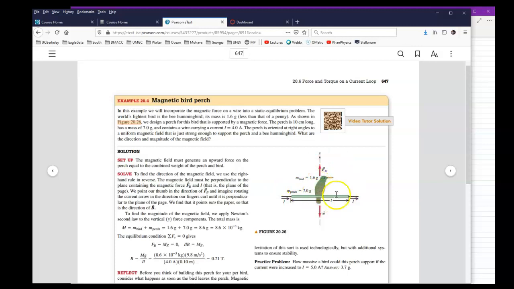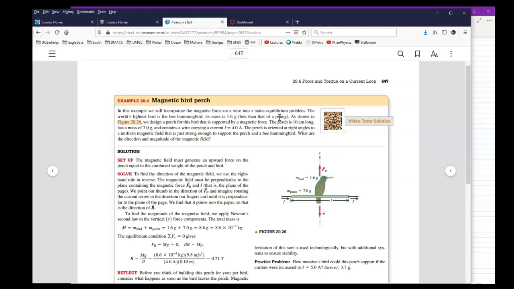There it is. So you have this bird right here. It says, in this example, we will incorporate a magnetic force on a wire into a static equilibrium problem. He said the world's lightest bird is the bee hummingbird, its mass is 1.6 gram. Okay, that's really, really light. Less than a penny. Well, the penny is about 3 or 4 grams, so that's probably half a penny.